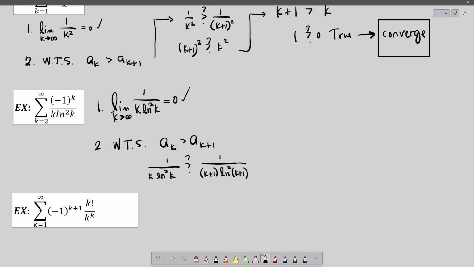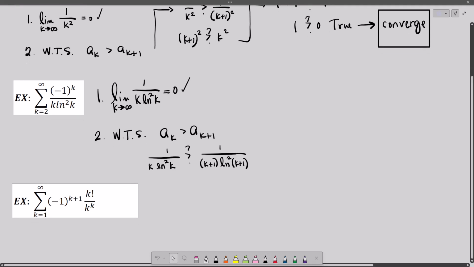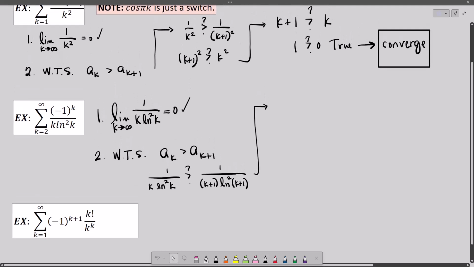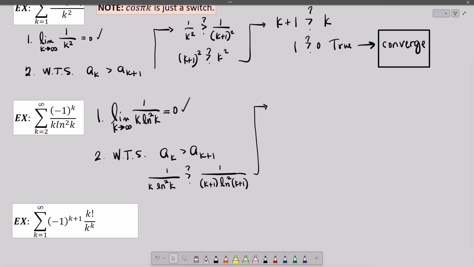So we have that. Let's come up here. Let's cross multiply and then we'll start thinking now. So when we look at this, we have this coefficient expression, k and k plus 1. And then we've got these hideous natural logs in here.